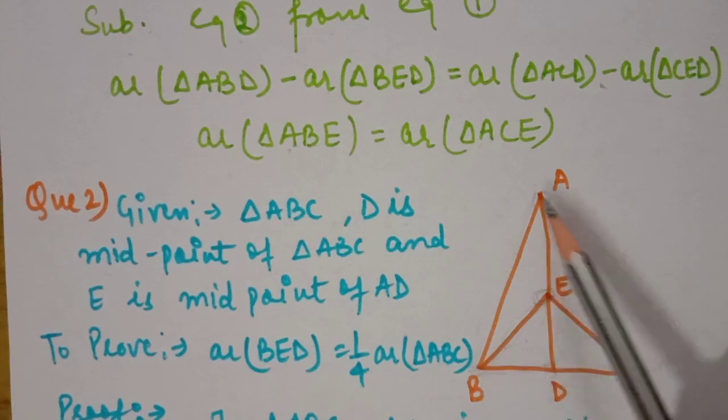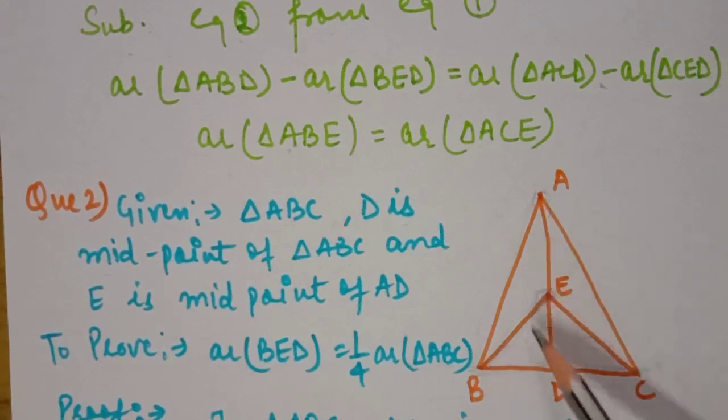In triangle ABD, BE is the median, so the areas of these two triangles are equal. So this area is half of this, but this is already half of the complete ABC. So this is 1/4 of the triangle ABC.